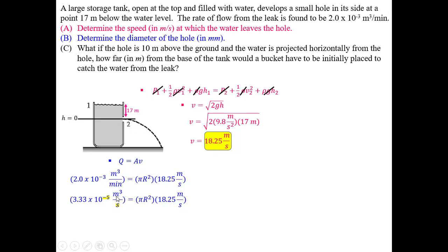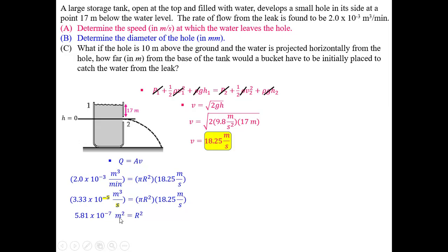Now I have meters on the left side and meters on the right side, and seconds on the left side and seconds on the right side. As you can see, units will naturally cancel out. Other than that, let's solve for r squared. To solve for r squared, I divide both sides by pi and 18.25. If you do 3.33 times 10 to the -5th divided by the product, pi times 18.25, on your calculator, you'll get about 5.81 times 10 to the -7.